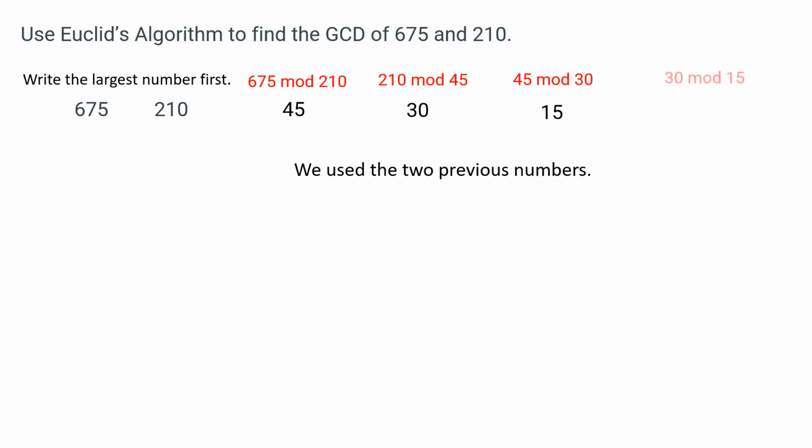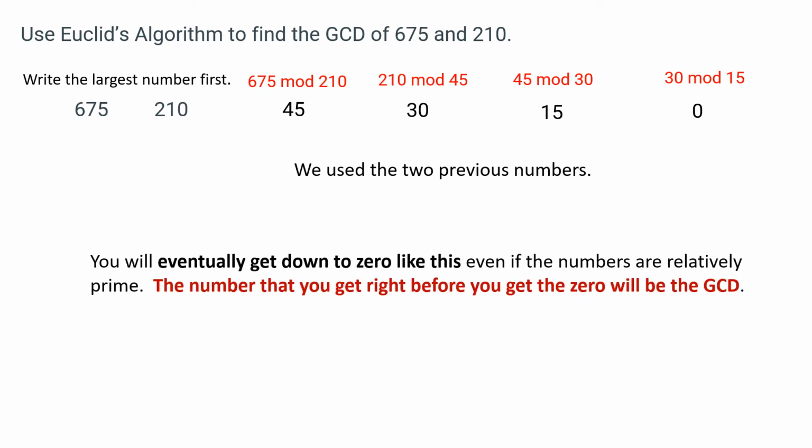And then 30 mod 15 gives us a 0. And so we know that the number that we got right before we got 0 would be the GCD. So 15 would be the GCD of these two.